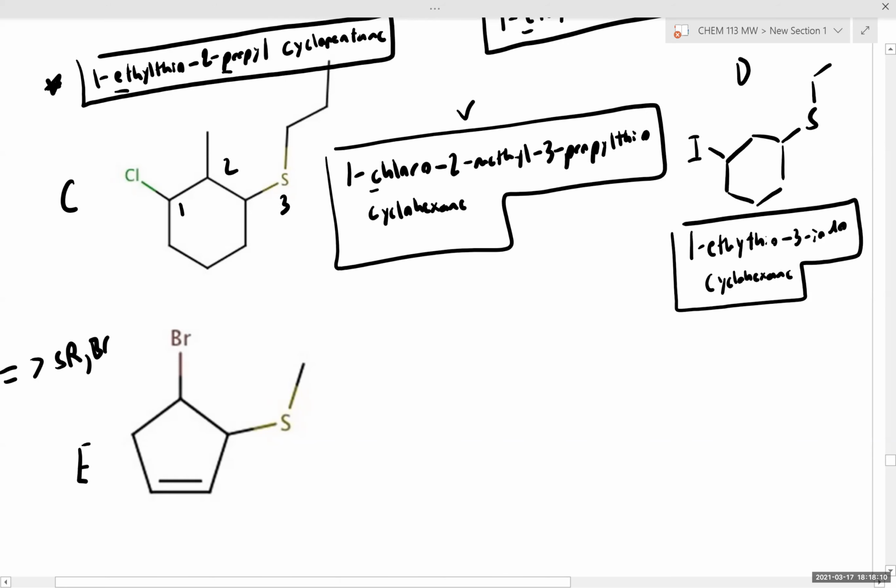Chloro is first alphabetically, so it's named with the lower locant number and named with the higher priority. In the second case, ethylthiol is first alphabetically, so in turn, it gets the lowest locant number. This commonly occurs when you have substituents that are almost identical in terms of priority. Did that answer your question?